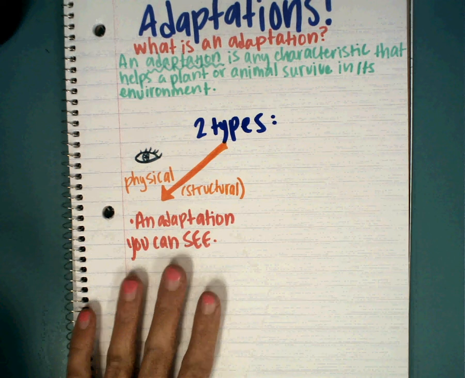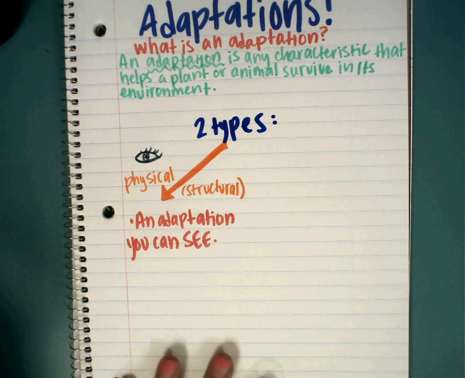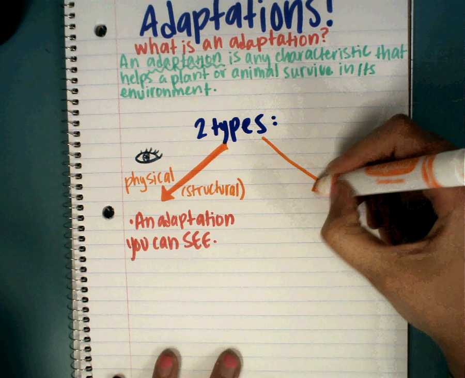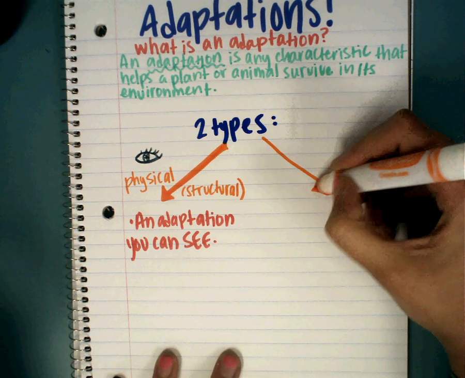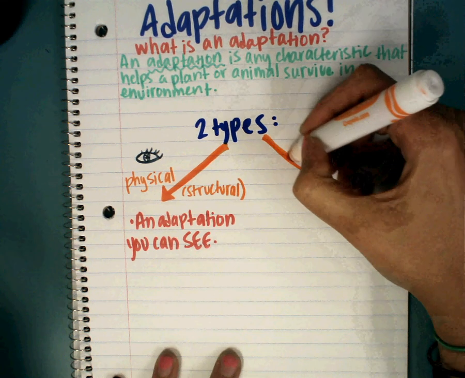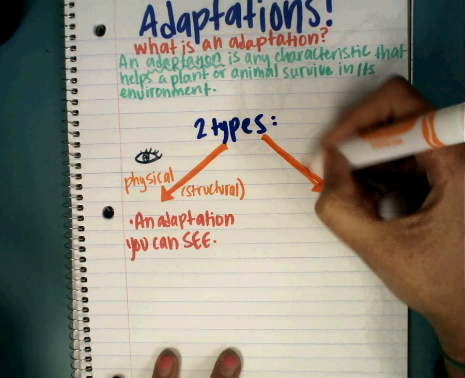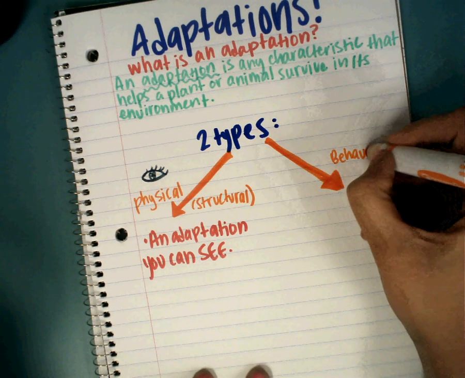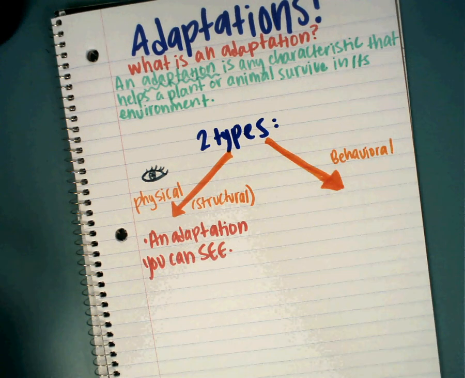So the other type of adaptation is behavioral adaptations. Okay, behavioral adaptations. And there's other words for it, right? We can also call it internal, meaning inside, things that we can't see.